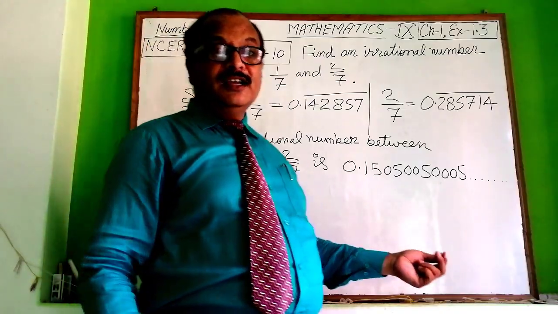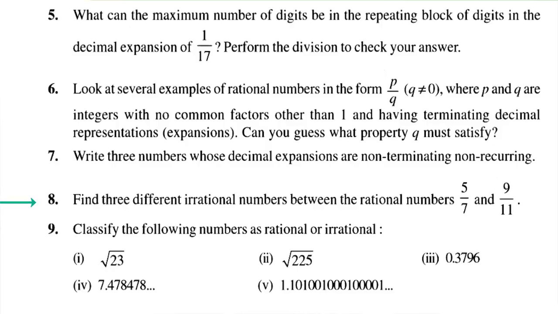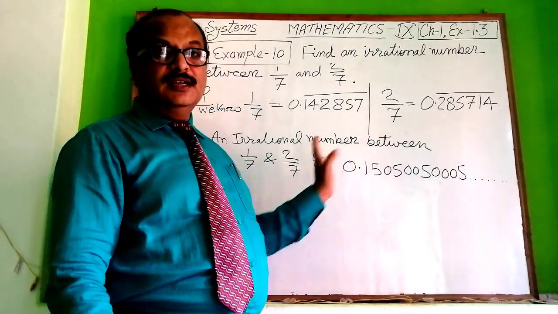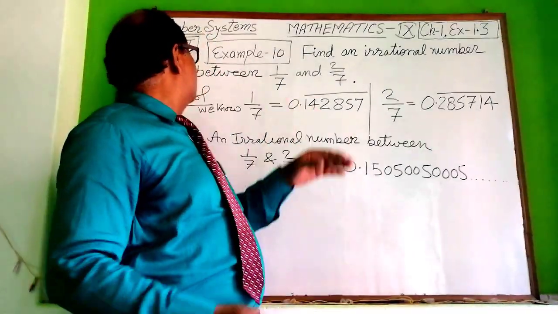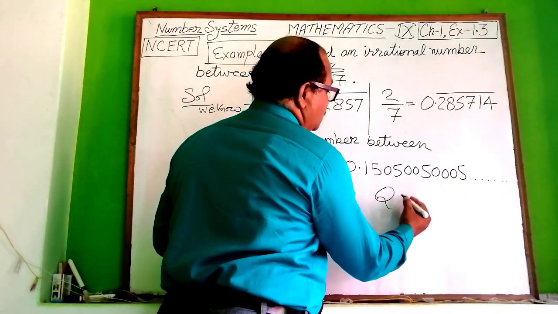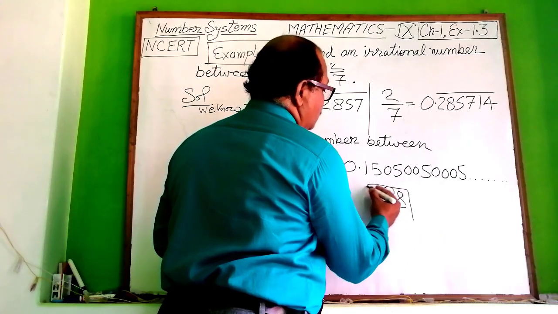See question number 8 in your NCERT book. Find three different irrational numbers between the rational numbers 5 upon 7 and 9 upon 11. Students, the concept is clear; using this example you can do question number 8 of your book.